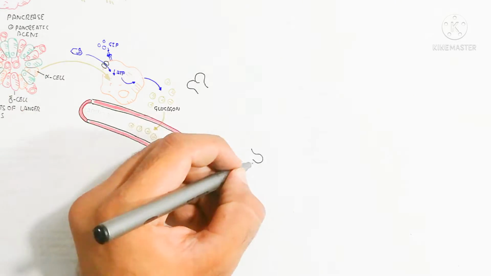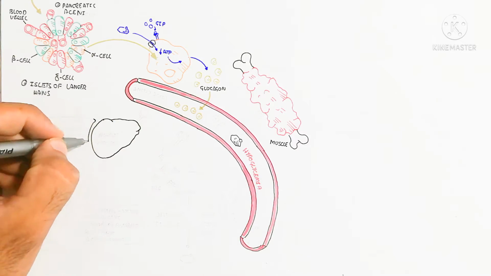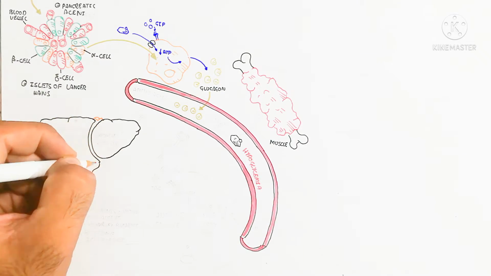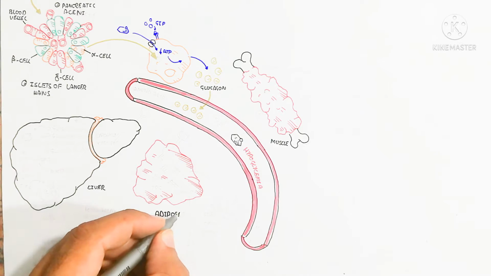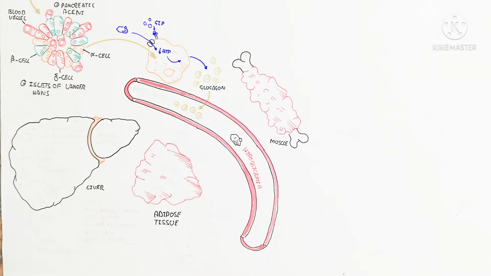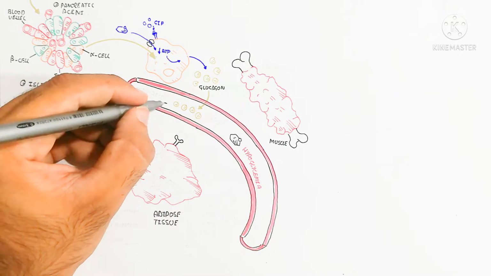Here is hypoglycemia during the fasting state. Here I am drawing the liver, the adipose cell and the muscle cell.